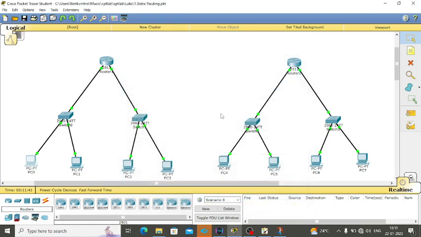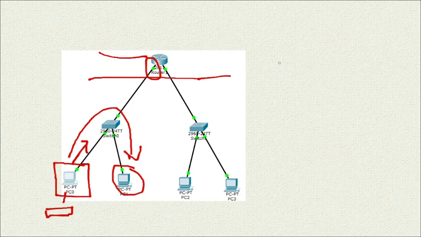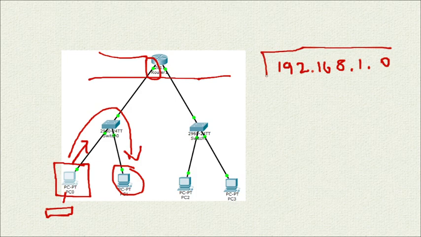Here I am using the 192 network with the default subnet mask, so the network address is 192.168.1.0. This is the network address.